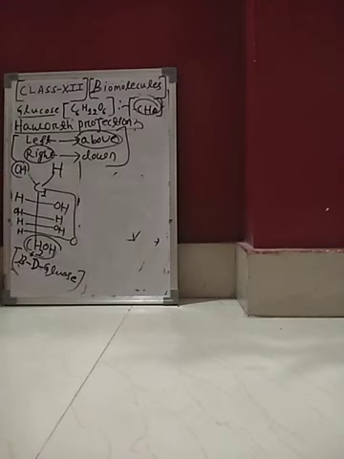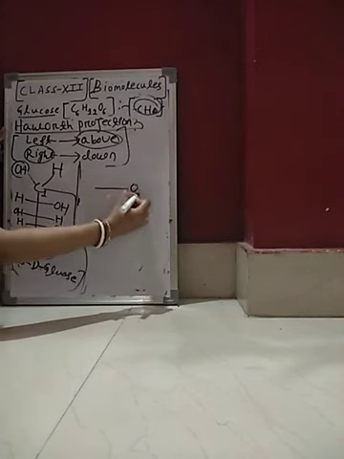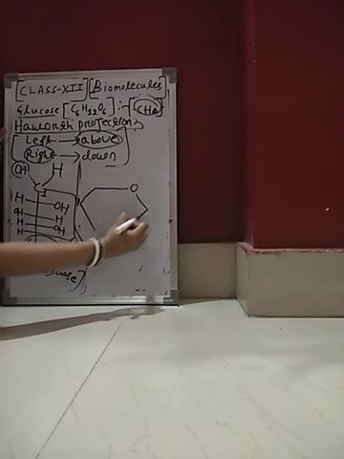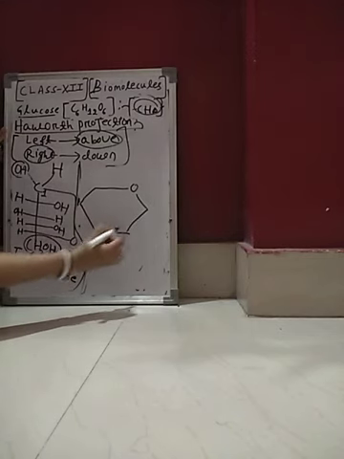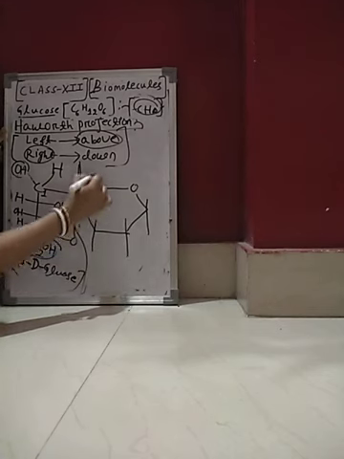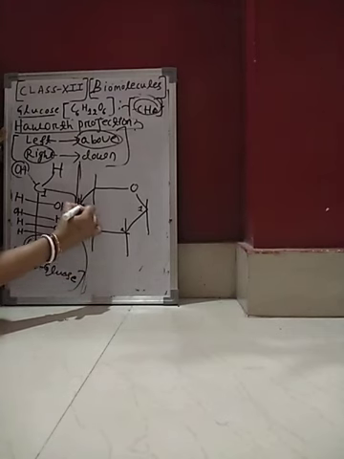So this is the basic difference. So how can I draw the Haworth projection for it? A similar rule you have to follow. This O position is fixed. 1, 2, 3, 4, 5 and 6.